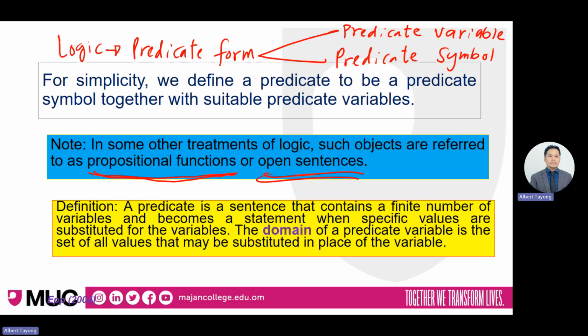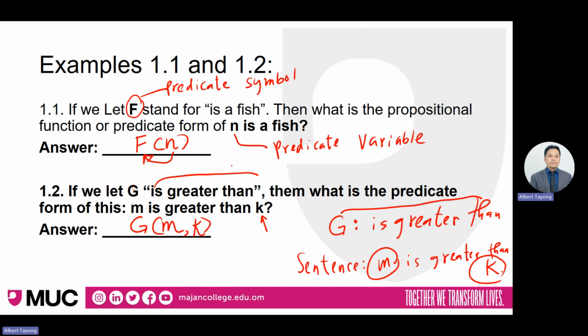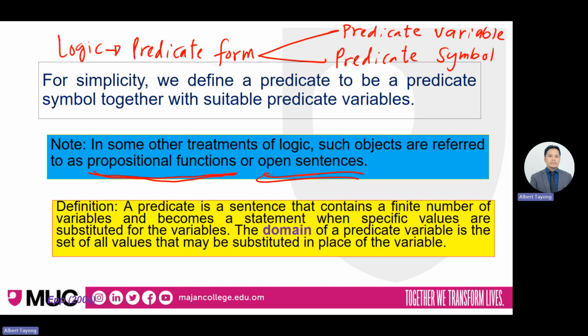Open because we have variables, it's open to all possible values. Like here, f of n is a function, an open sentence, because n can be any value, any fish. It could be milkfish, catfish, or any fish. That's why it's open.